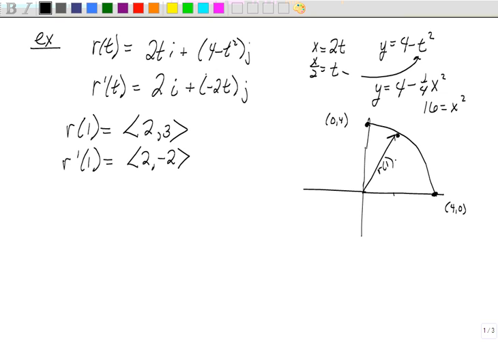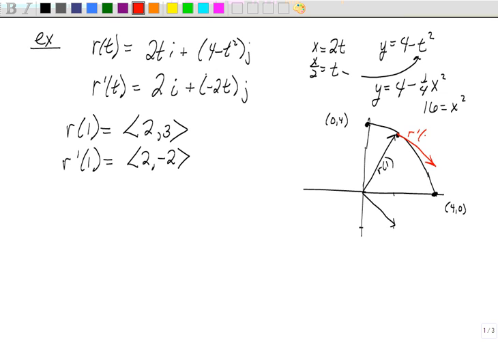And 2, negative 2 is going this way. So we have the tangent vector. Let's move it up here. And again, it should be tangent. Let me draw this better. It's going to go like that.